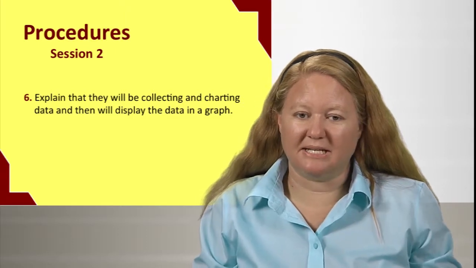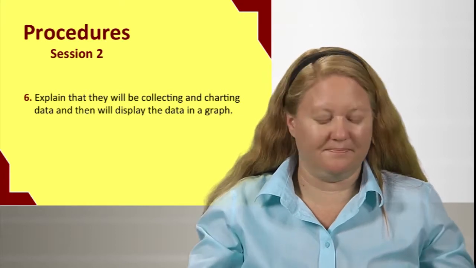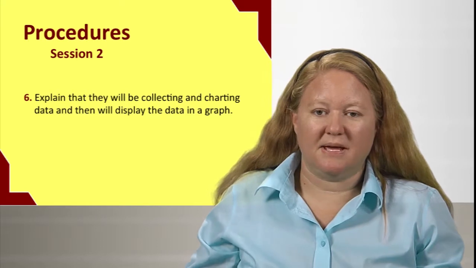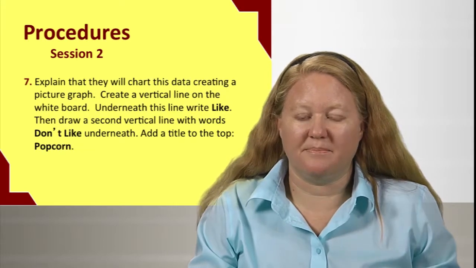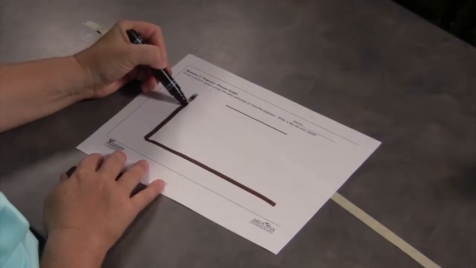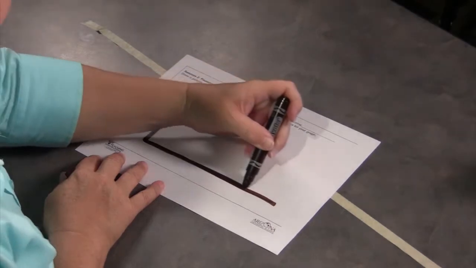Explain that they will be collecting and charting data on their own population within the classroom and create a graph. Explain that they will chart the data creating a picture graph. You will draw a vertical line on the whiteboard and a horizontal line.